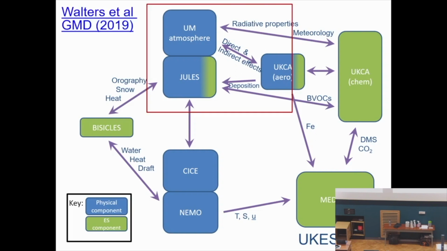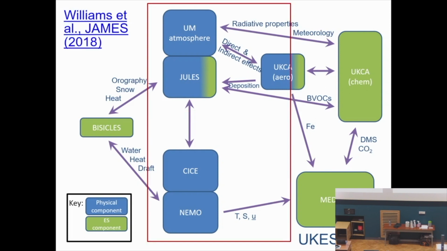This model is well documented now in the literature. For example, the atmosphere component of the model is described in this paper by David Walters. The coupled model equivalent, where the atmosphere and the ocean have been coupled together, is published in that paper by Keith Williams.